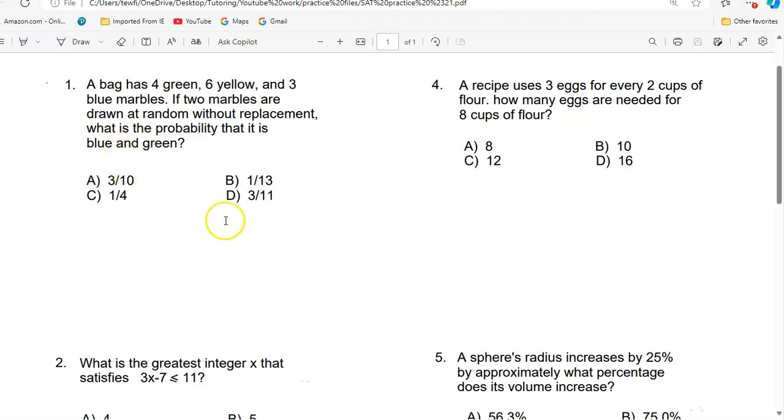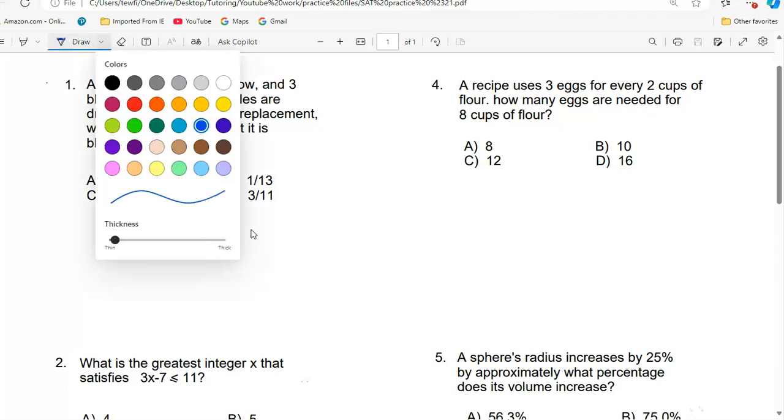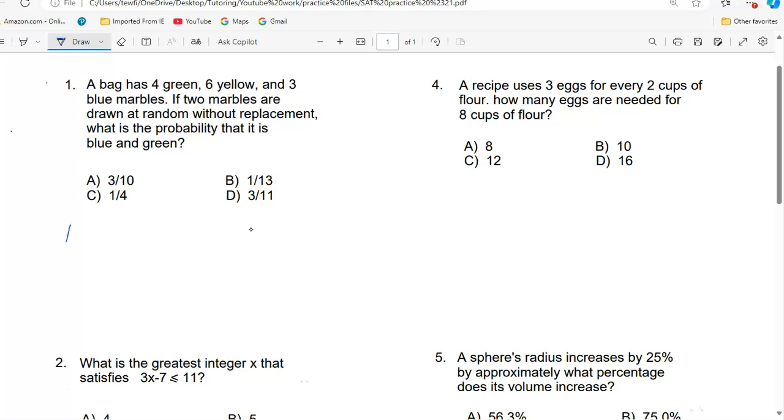Alright, so what is the probability? Let's do first, what's the probability of green? We know the probability of green will be the number of favorable outcomes. How many green do we have? The probability of green will be 4 over the total number of marbles, which is here 13, right?